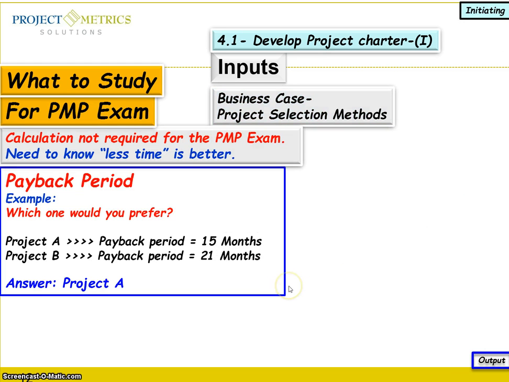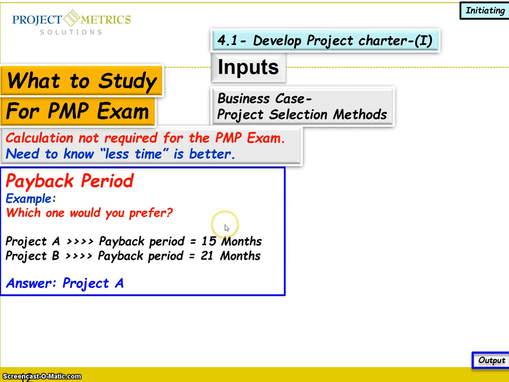Another example regarding the payback period: calculation is not required for the PMP exam. You might see two projects and you have to choose one of them. For example, project A has a payback period of 15 months, and project B has a payback period of 21 months.